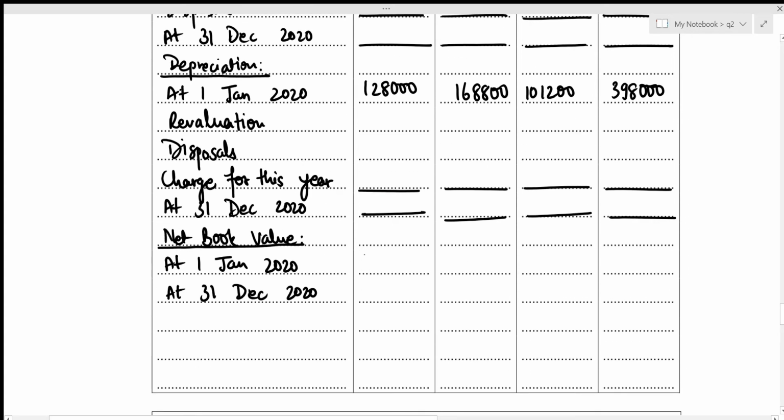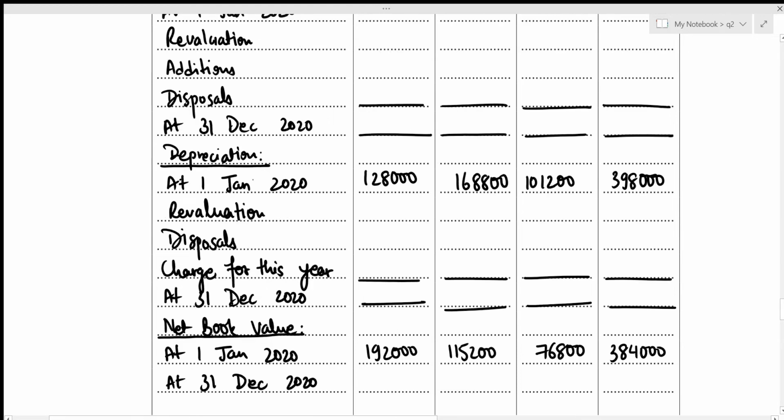Okay, so that's 192,000 for property. Then for plant and equipment, we had 115,200. And finally, for furniture and fixtures, we figured it out to be 76,800. Now for total, we just need to add these three values, 192,000 plus 115,200 plus 76,800, which results in the total to be 384,000.